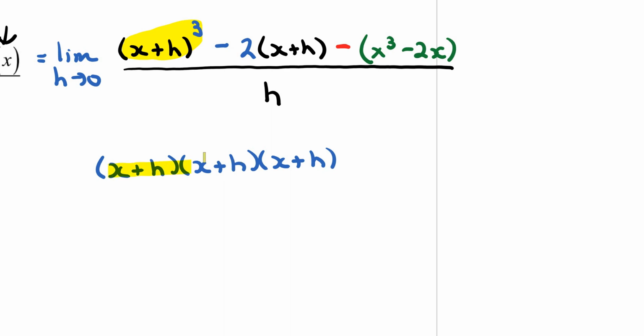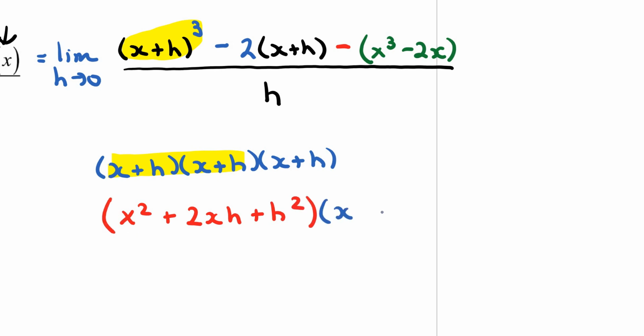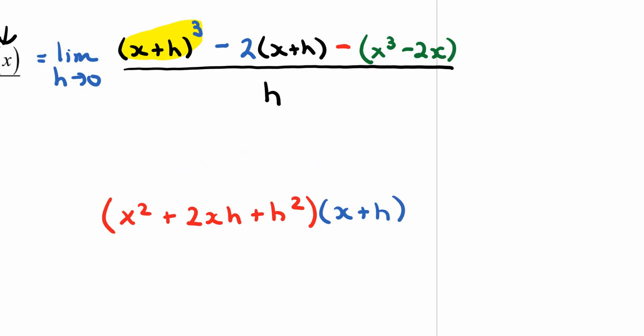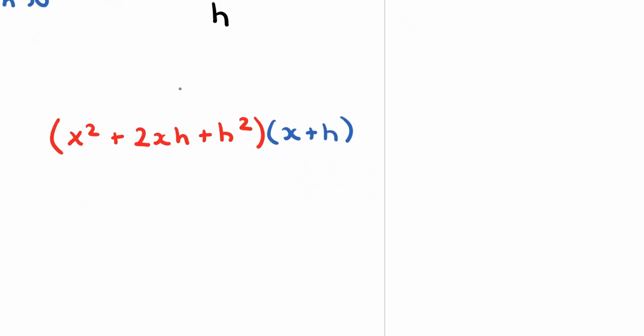Then I would go ahead and FOIL this part here first, and if you FOIL that part out, you get x squared plus 2xh plus h squared, and then all of that gets multiplied with x plus h. Okay, and then we FOIL one more time here, so this times this gives you x cubed, and then plus x squared h.